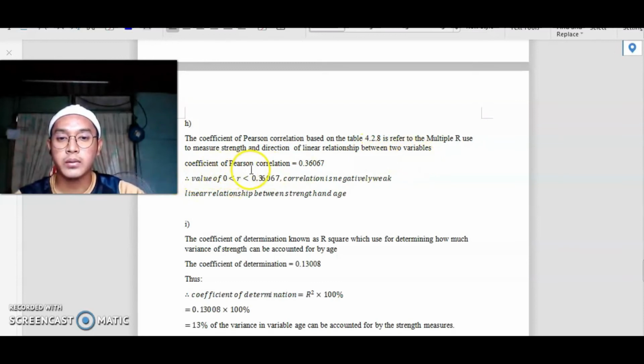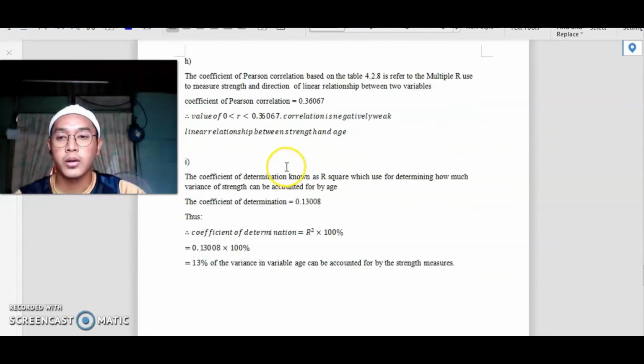The coefficient of Pearson correlation is equal to 0.36067. Thus, the value of R is greater than 0 and smaller than 0.36067. Correlation is negatively weak. Linear relationship between strength and age.